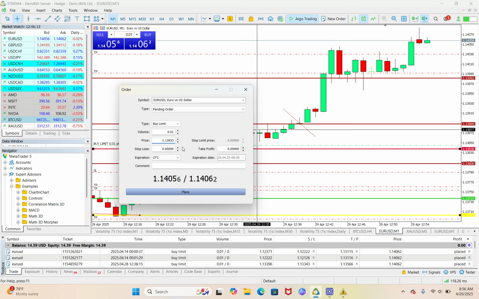Now the reason why we do that is because of the spread. Remember that when you're using a broker with a floating spread, what they'll do is you have to pay a spread, right? Between bid and ask is the spread, right?